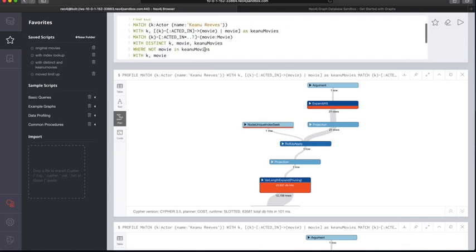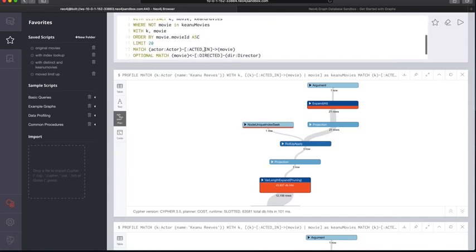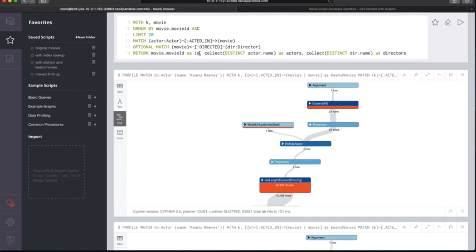What next? Well, we can do something about this. Now, we've got these back-to-back matches, and we can use pattern comprehension for them. It probably won't get us too much, because there's usually only one director per movie, not too many with multiple. But let's add that in anyway.